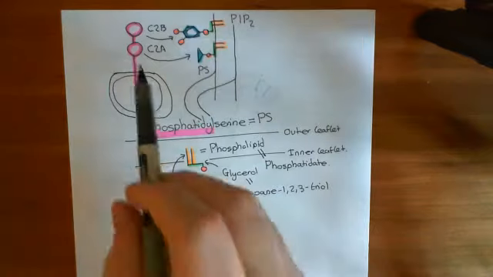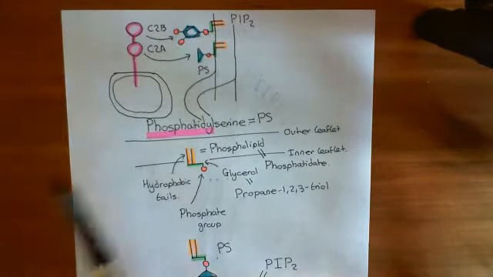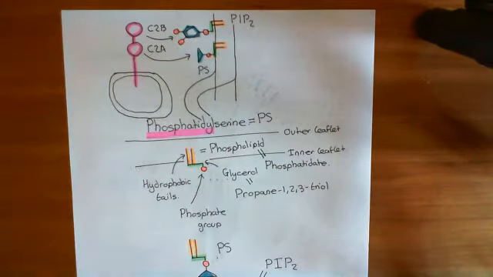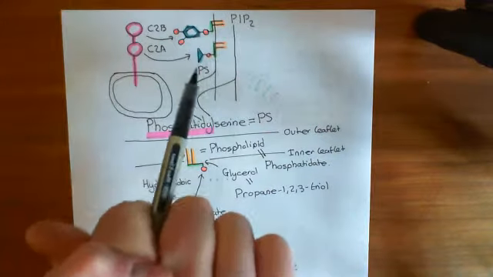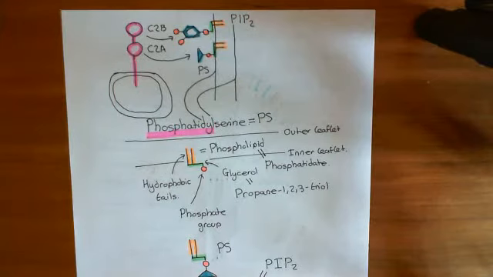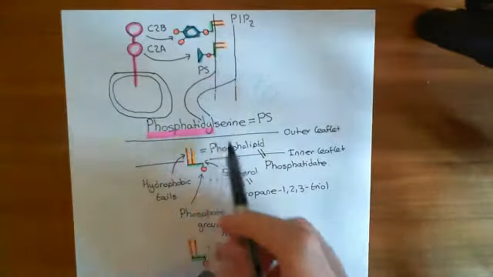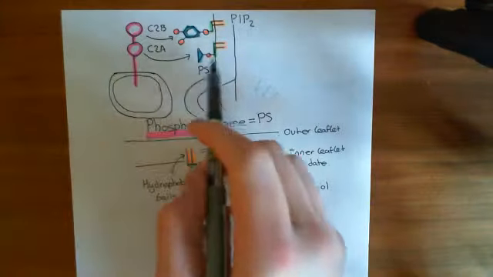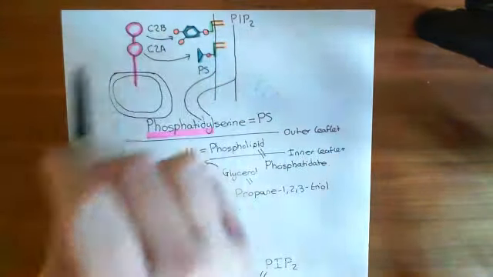Okay, and of these 2 lipid interactions, the interaction between the C2a domain and the phosphatidylserine has a better claim than the interaction between the C2b and the PIP2 to be the interaction which causes this invagination, i.e. this one's thought to be more important than this one.